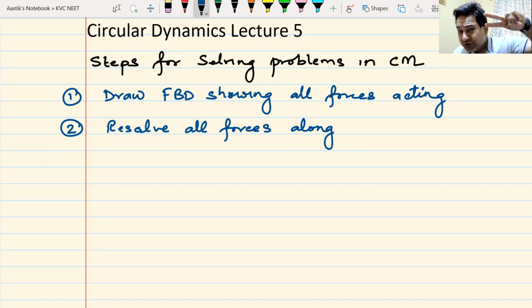We have talked about two directions here, but sometimes there is a third direction also, which comes sometimes. Now, one is tangential, the other one is radial.